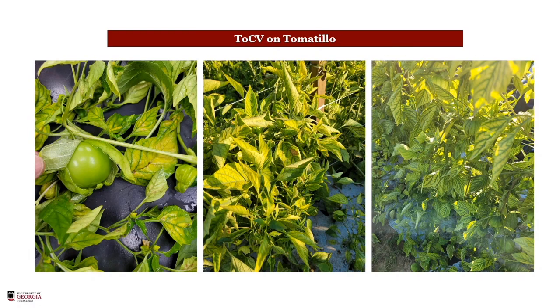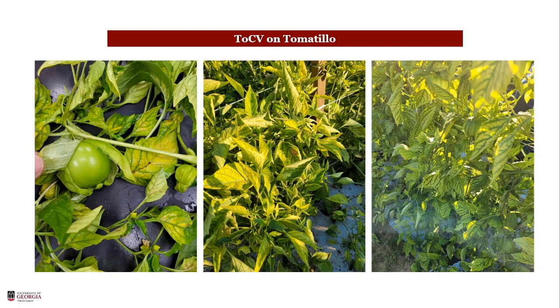Another important work recently, this fall, is on tomatillo. Most of the tomato growers may have tomatillo in their field. These symptoms observed in tomatillo are again very similar to nutritional deficiency, and we observed this in Tifton as well as in Grady County.